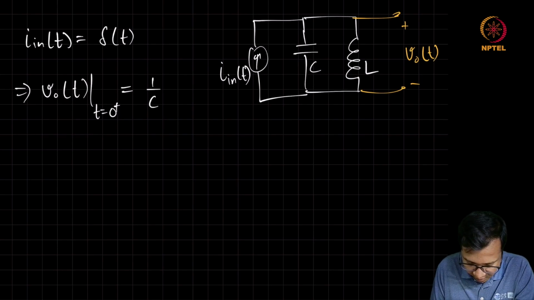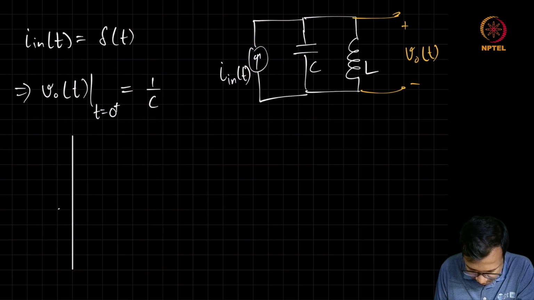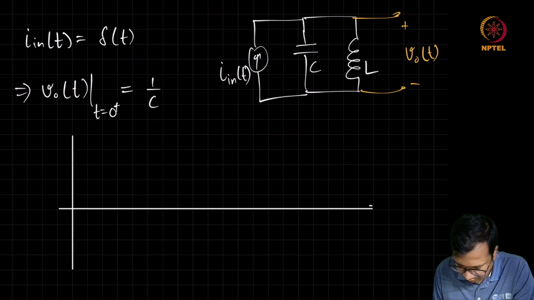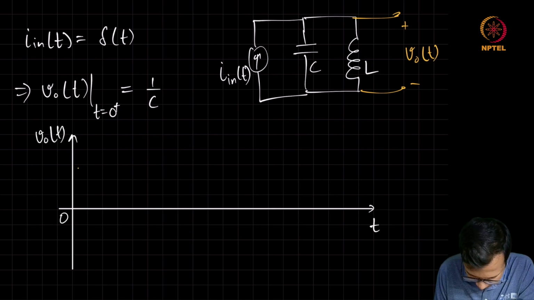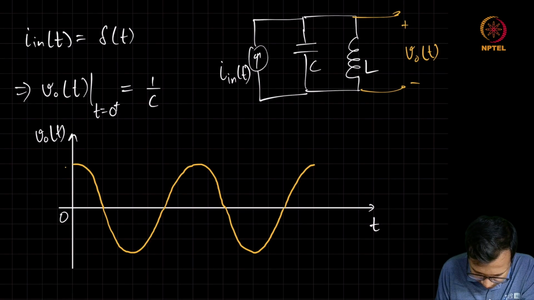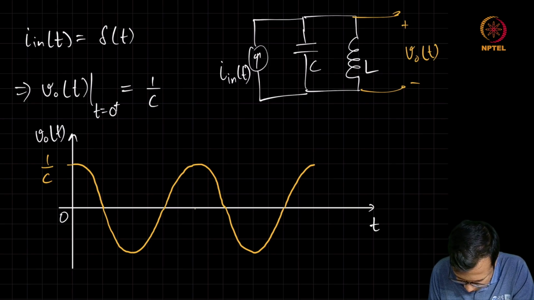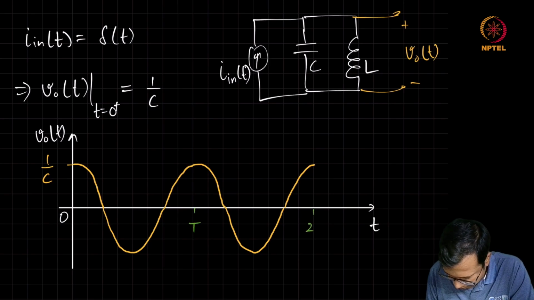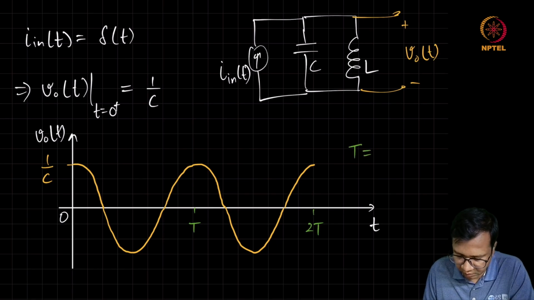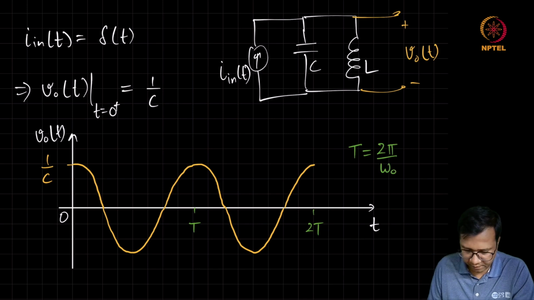So now if we look at this voltage over time, we will get this cos function like this, with the amplitude equal to 1 by C. And this period T is going to be equal to 2 pi by omega naught.